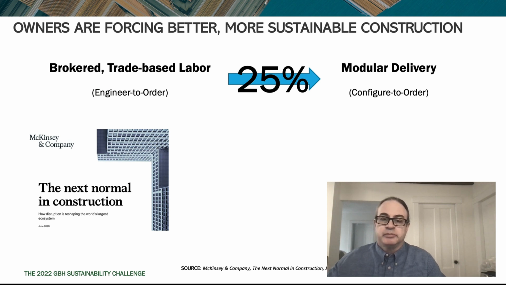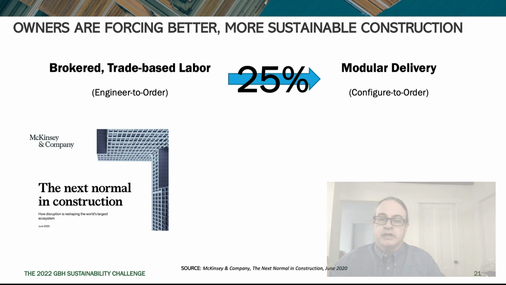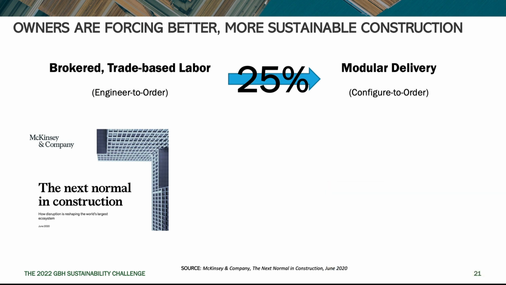The timing's harder to predict, but there's such a large financial incentive that they predicted that this move would happen as part of improving the construction process to make it more sustainable.